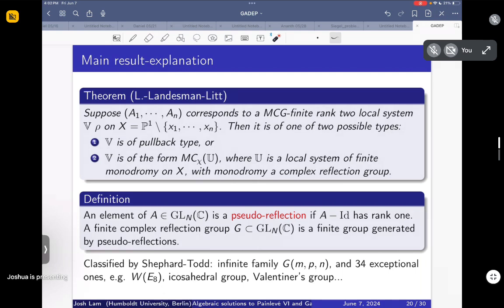Then there are some more exotic ones, which I don't really know how to describe, like the Valentiner group and a bunch of other things. But in any case, they've been classified. So in this sense, you can really get your hands dirty once you know this theorem. You will be attached to one of these finite groups, and you just try to find a representation into the finite group, like the Valentiner group, and then apply middle convolution to it and see what happens.